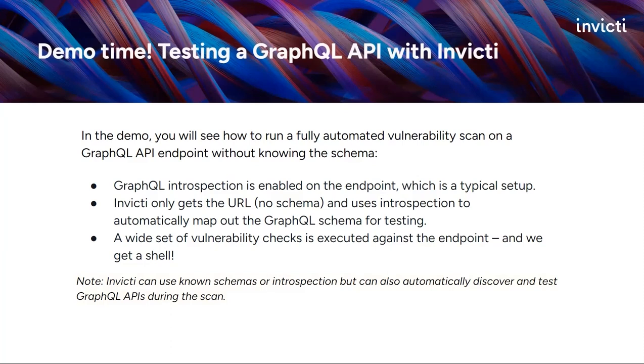And if there is, we will pick up this request. We will see how it is structured, what fields it contains, and then we will inject our payloads into this GraphQL query. And there is nothing more required than that. We will just simply be able to scan it once we pick it up.